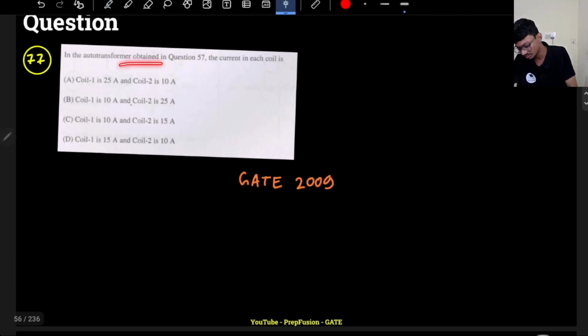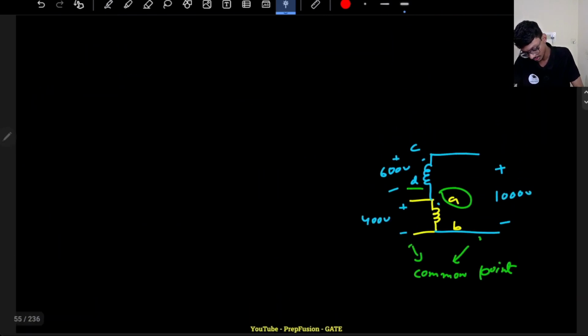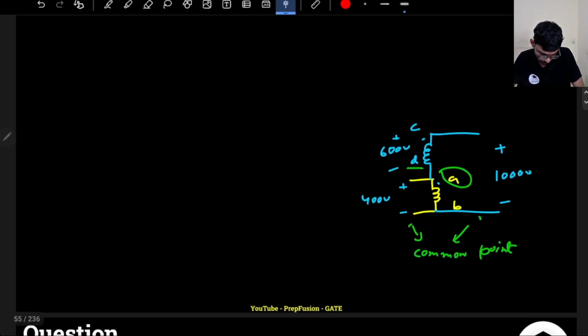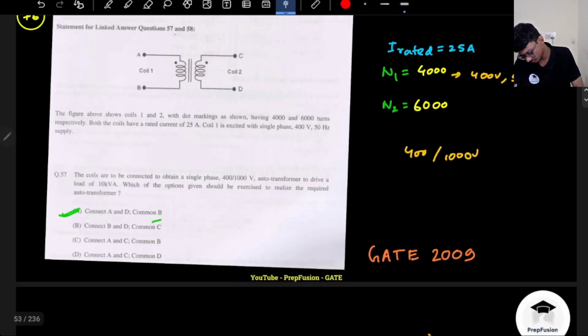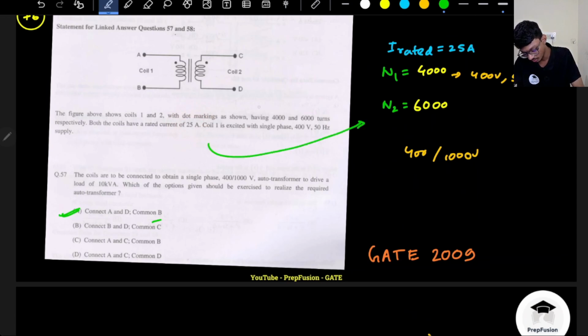Let's now solve the next part of this same question. In that auto transformer obtained from question 57, the previous question, what is the current in each coil? We know the kVA rating, rated is 25, so rated current is 25. Will it be the maximum current of coil 2 or coil 1?